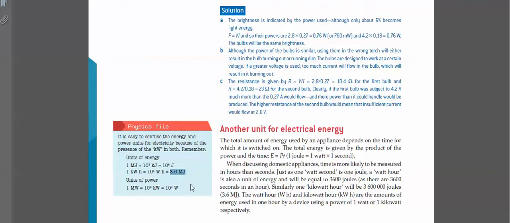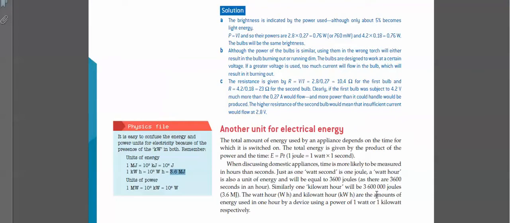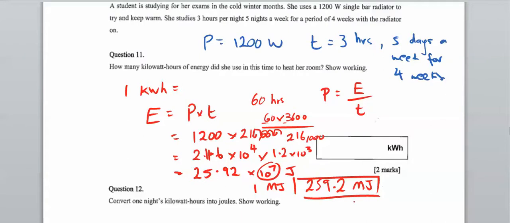So if we were to divide this, each one of these is a megajoule. So 25.92 by 10 to the 7 is 259.2 megajoules. Now, if we were to divide that by 3.6, we're going to have the term in kilowatt hours. So divide 259.2 by 3.6.